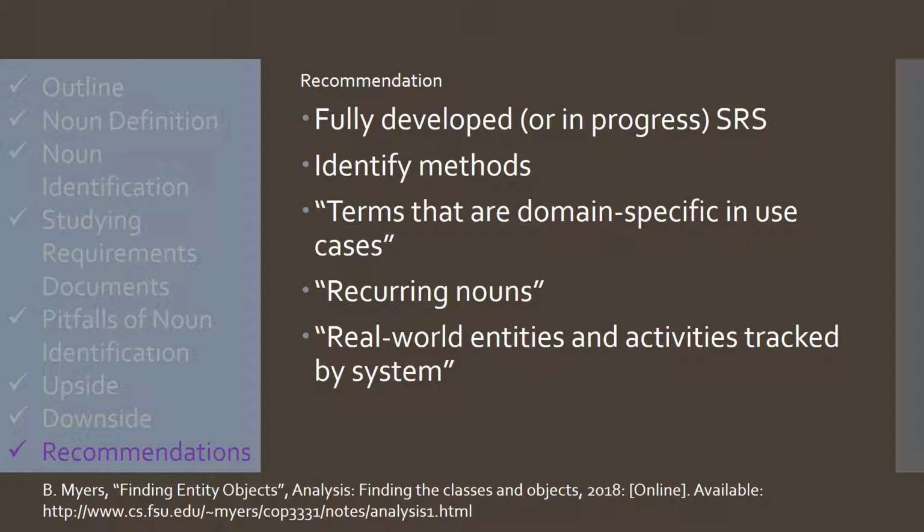Terms that are domain specific in use cases. Recurring nouns, so where you will be able to group classes, and once we group them, let's say in a spreadsheet, you can identify these recurring nouns, and then you can associate, if they're related, certain functions with those nouns. And real-world entities and activities are able to be tracked by the system.